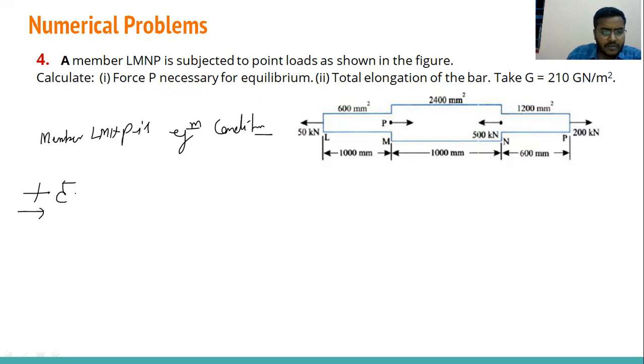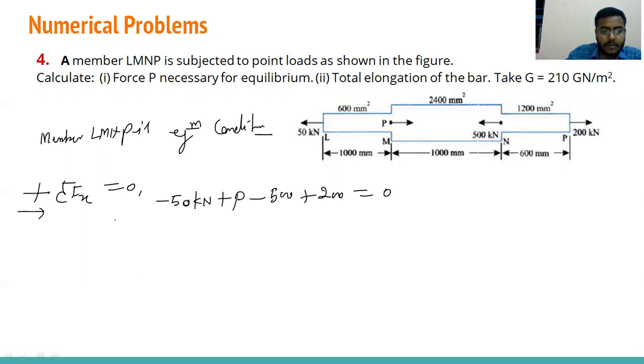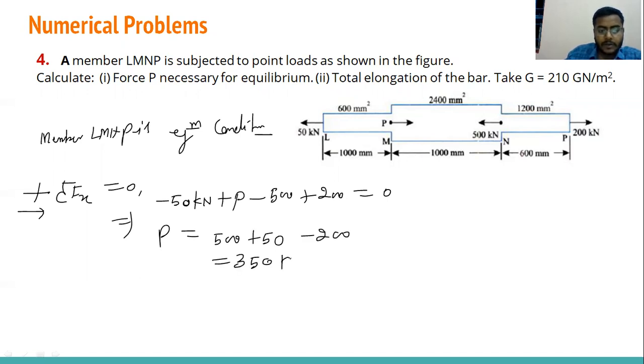I'm taking the sign convention, so I can write like this. According to my sign convention, we can write minus 50 plus P minus 500 plus 200 equal to 0. So from there we can get P equal to 500 plus 50 minus 200, we will get 350 kilonewton.